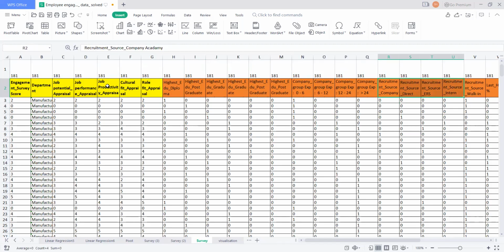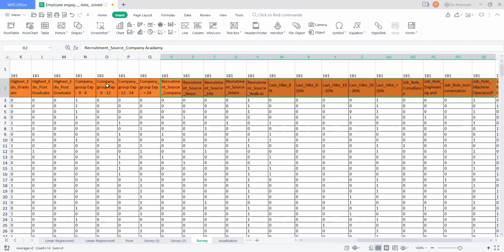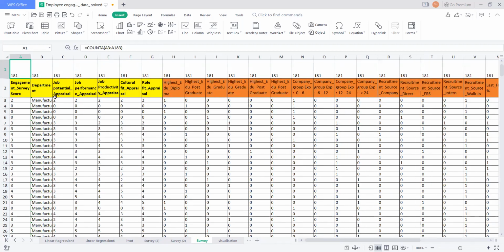Where did the company recruit the employee from? And then there's some information around his last hike percentage, job role, etc. So we've got pretty good data. When we did a count, we could see that the data is complete in all the data sets. There's no more data to be got. And this is the data that we have today for the analysis.